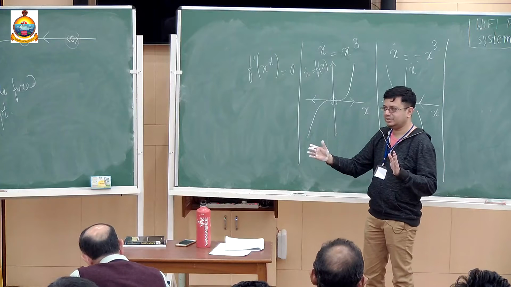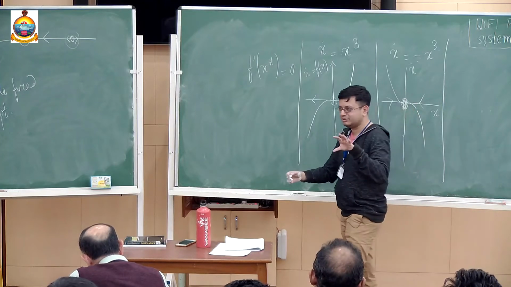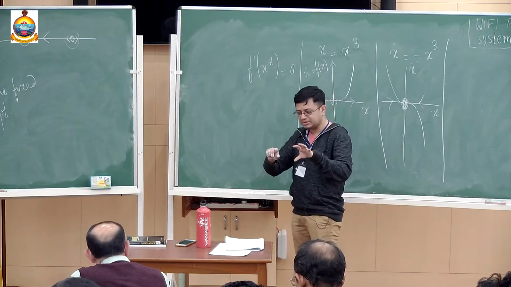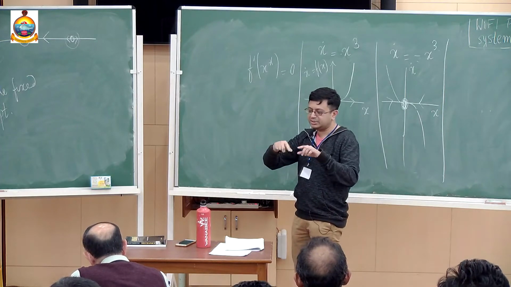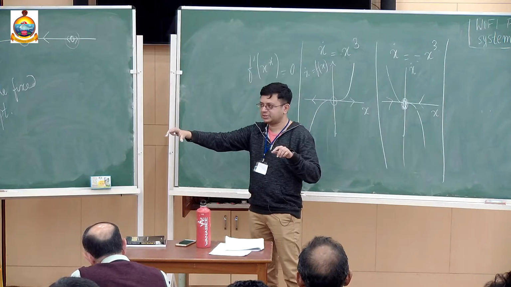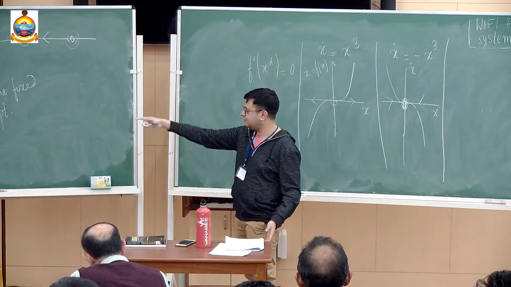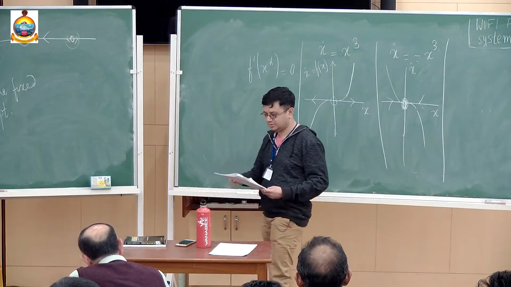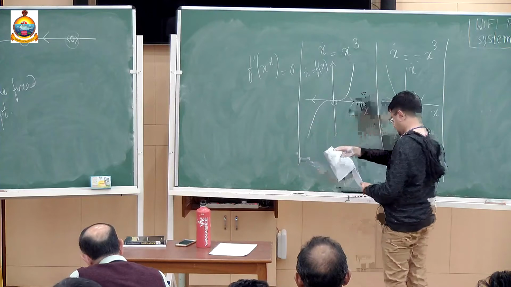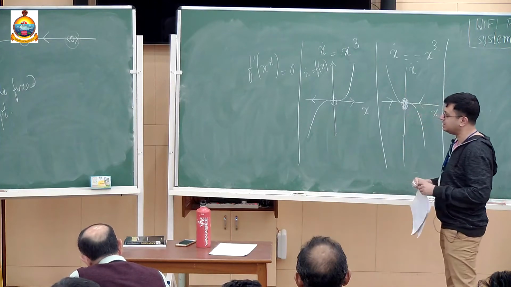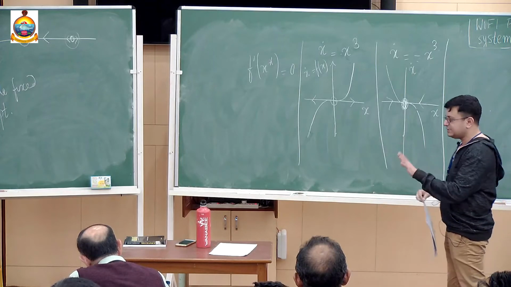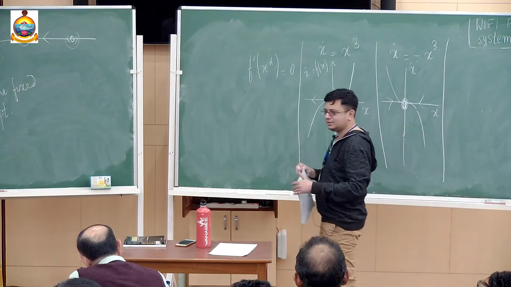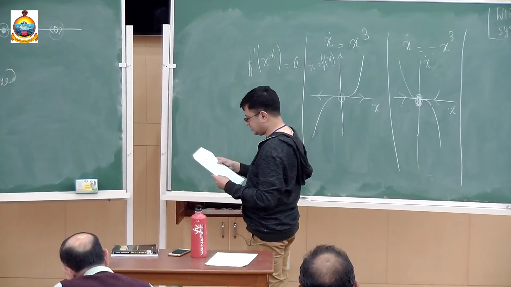Because that's why it is called a stable fixed point, because in the neighborhood you are going to flow towards it. That means there must be an unstable fixed point somewhere, if f of x has more than one root. I will come to that if it is not so clear. But at least this part should be clear, that linearization is going to work when there are linear terms, and even if there are no linear terms, you can still draw the function and find out where it is going to get to.